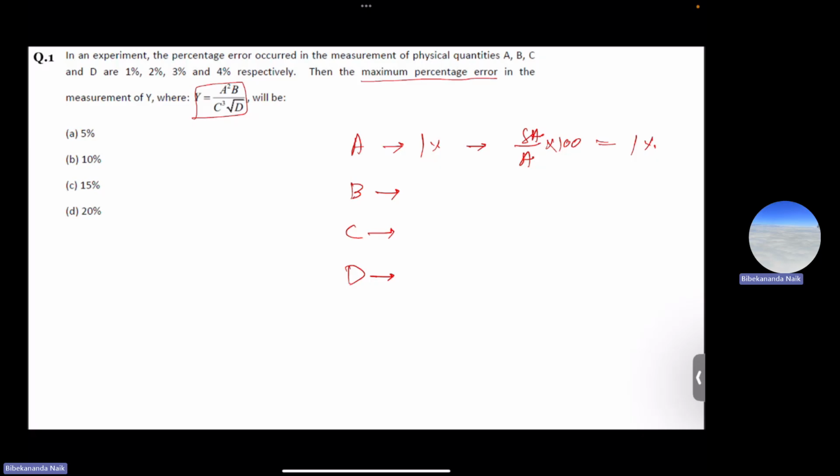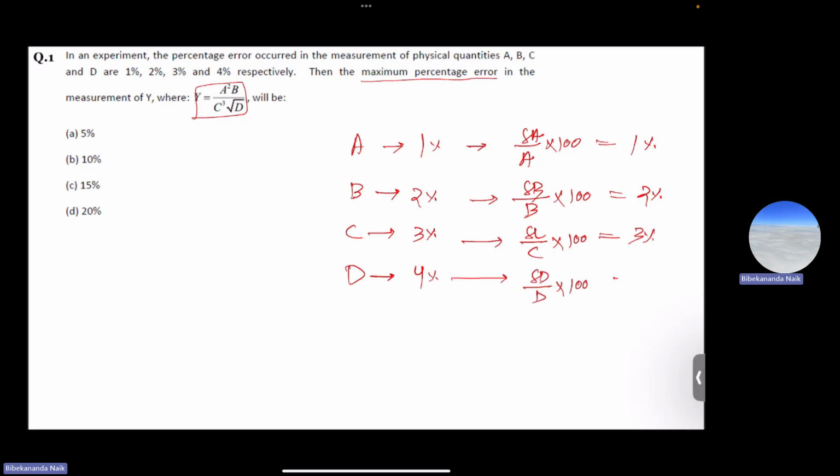Then similarly for B it is 2%, that is, delta B by B into 100 is 2%. For C, delta C by C into 100 is 3%. Then delta D by D into 100 is 4%.